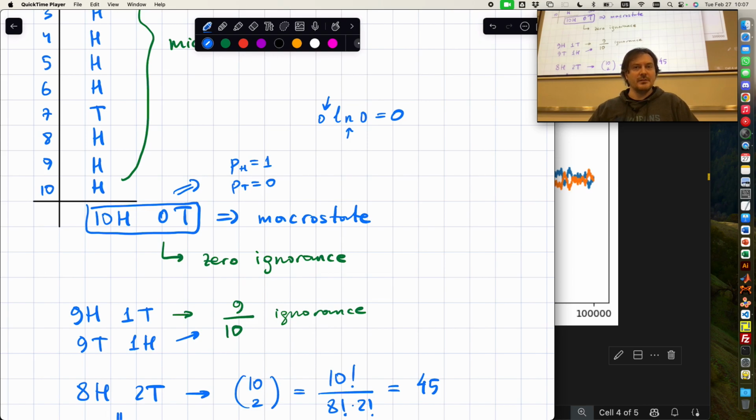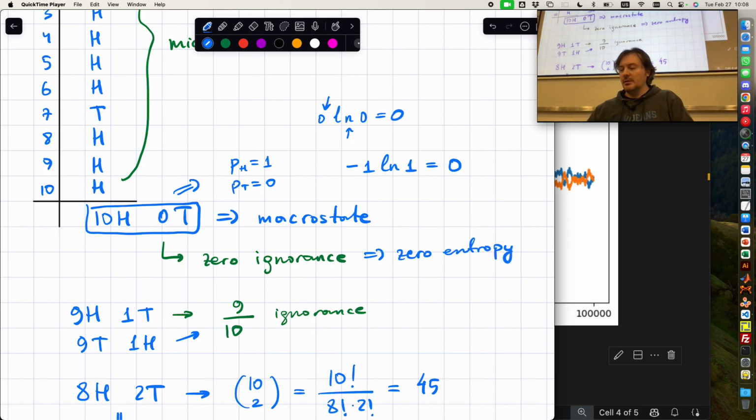Does it make sense? So if you sum all this, there's only one term, indeed, minus 1 ln 1, which is 0. So the entropy, 0 ignorance, 0 entropy.